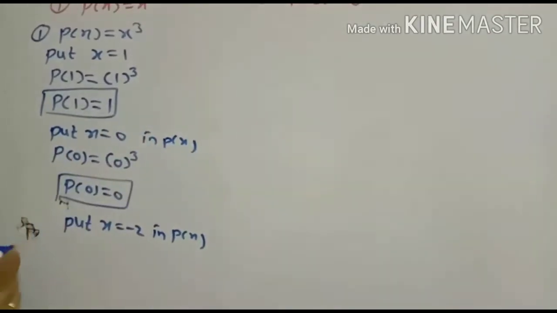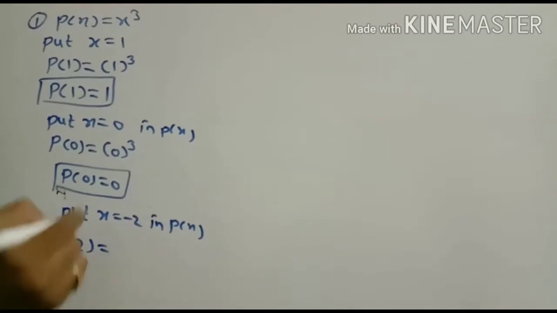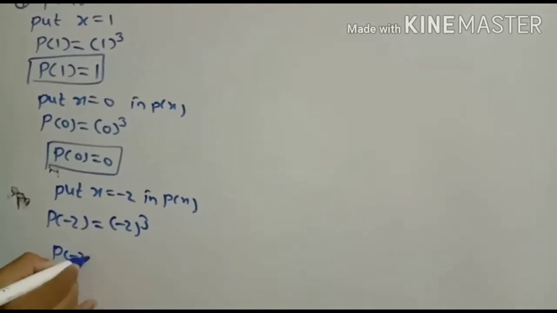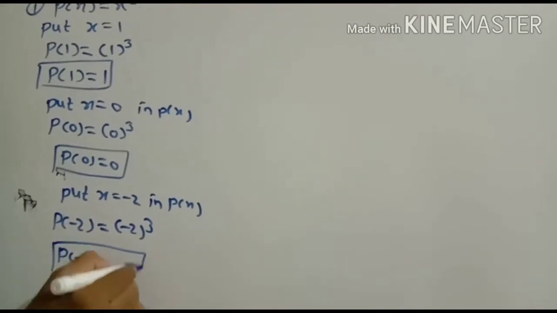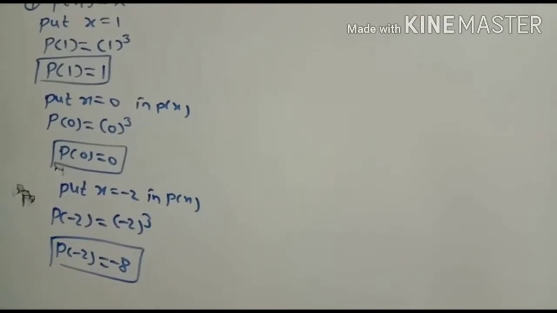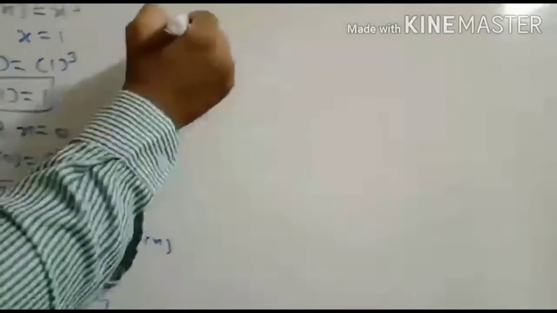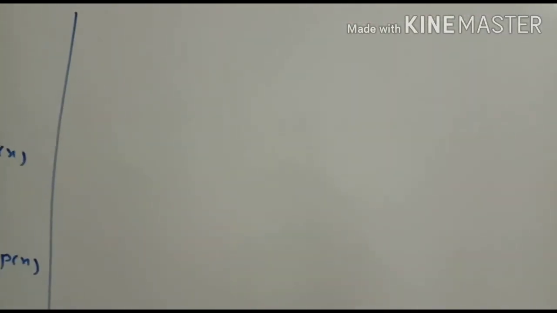Instead of x put minus 2. P of minus 2 is equal to cube of minus 2, and cube of minus 2 is minus 8, and that is the value of the given polynomial for x is equal to minus 2. These are the easiest examples in this chapter.